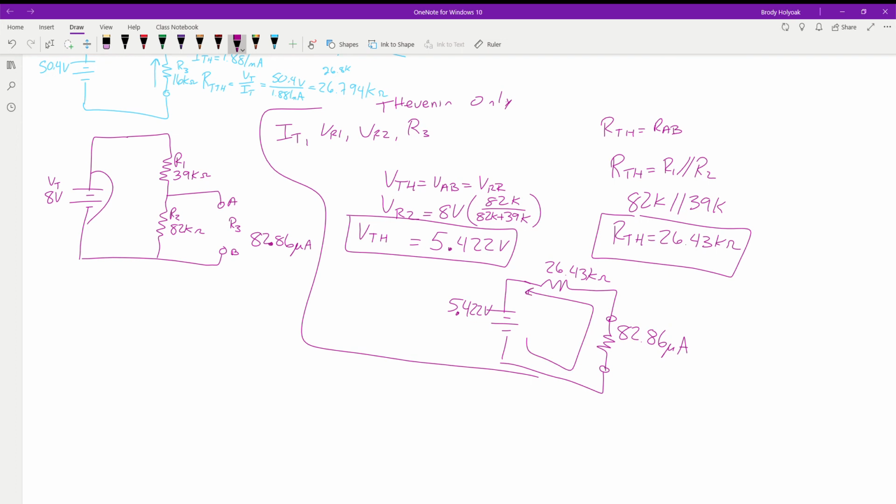So I have 26.43K, and I'm going to multiply that by 82.86 microamps. How much voltage does that give me across this Thevenin resistor?